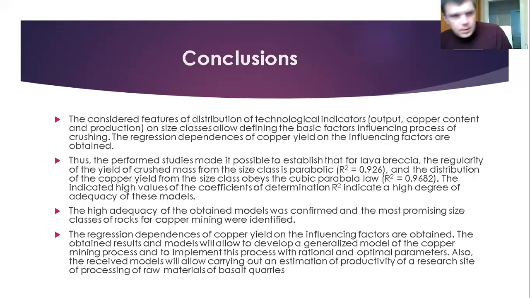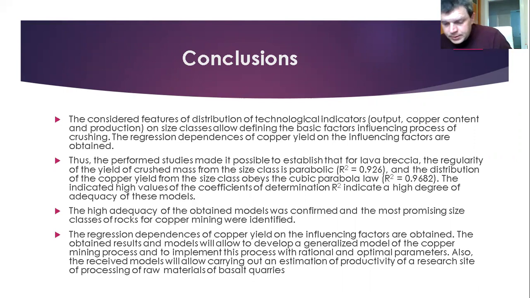Conclusion. The considered features of the distribution of the technical indicators on size classes allow defining the basic factors influencing the process of crushing. Regression dependencies of copper yield on the influencing factors are obtained.